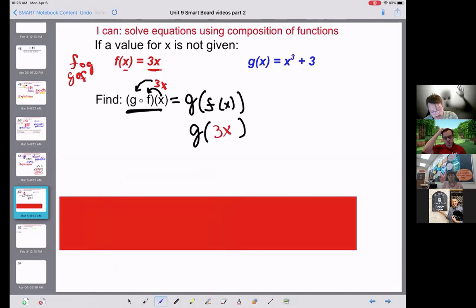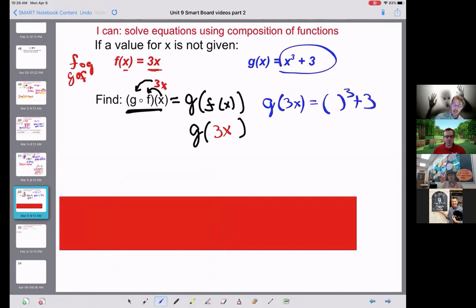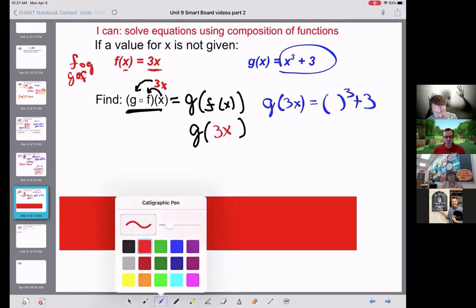And so the g function is this crazy thing right here. And remember though, all I have to do if I'm doing the g of 3x is anywhere I see an x, I'm going to replace it with parentheses. So in this case, I'm replacing x to the third power with parentheses and put the third power on top. And I'm going to put in there the 3x.